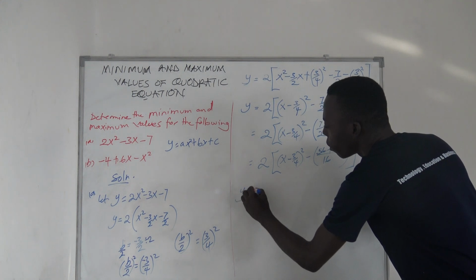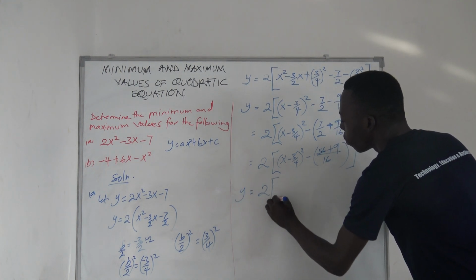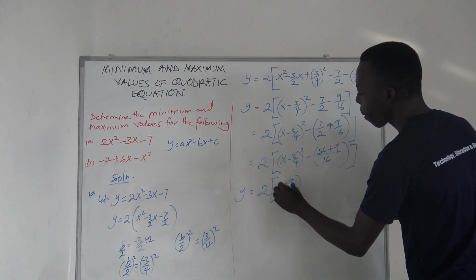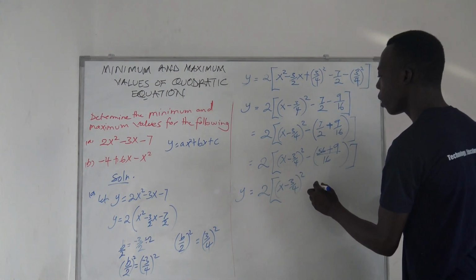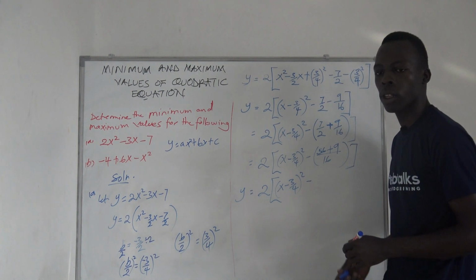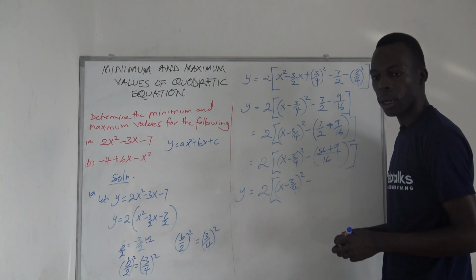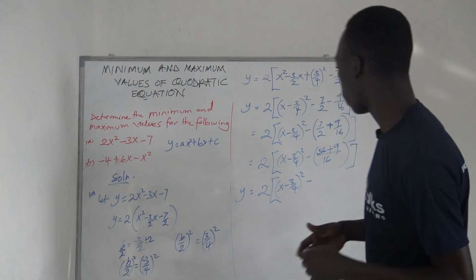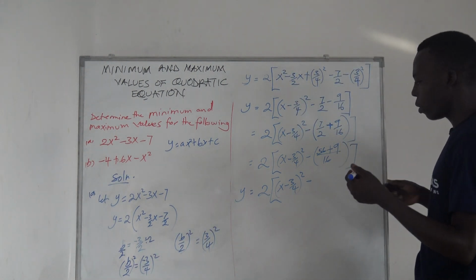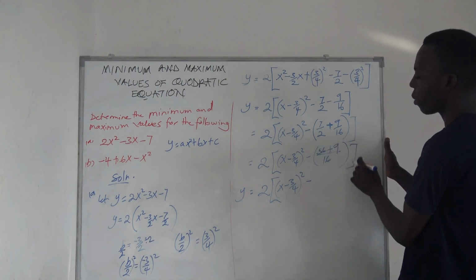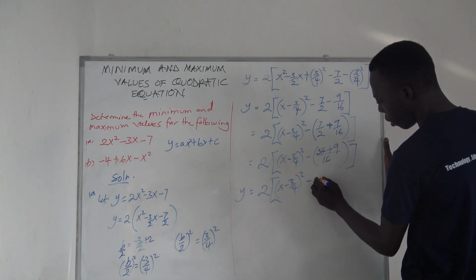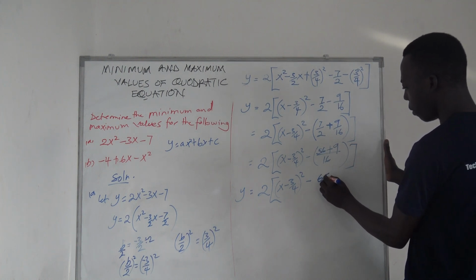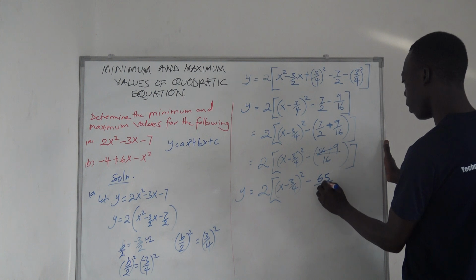So here we continue with the value of y, which is 2 into x minus 3 out of 4, the whole thing squared, minus. It is this one plus this, you get 65, so it becomes 65 out of 16.